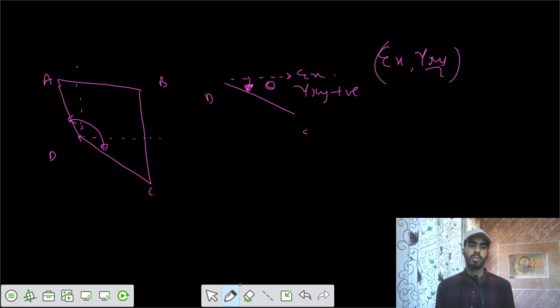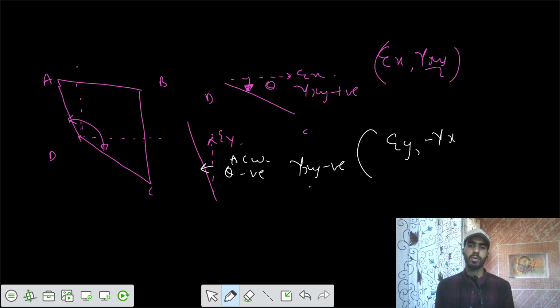Similarly, if you talk about this one, let's say this is along the Y, we say strain in Y, and you have some theta developed here. You have to take it with respect to the reference line, that's anti-clockwise. So theta is negative, anti-clockwise, so I would say gamma xy is negative. So the coordinates of this one would be EY comma minus gamma xy by 2.